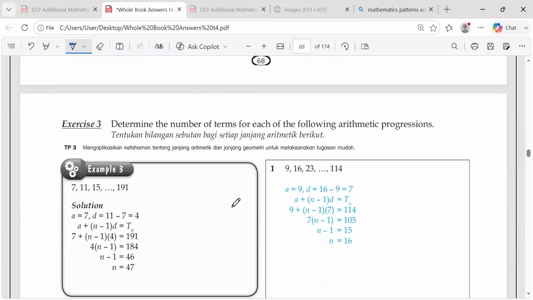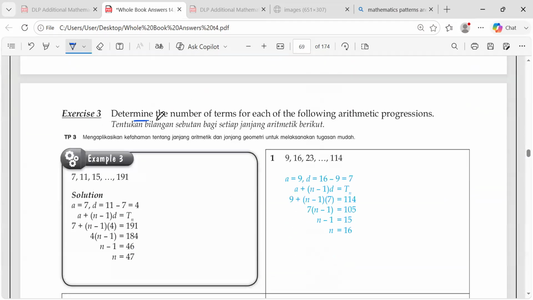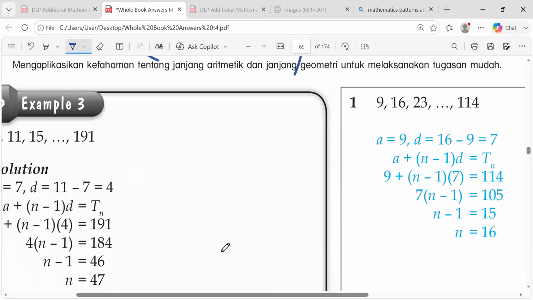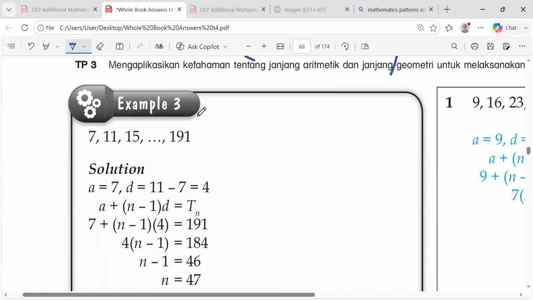Okay, so let's check. Next, determine the number of terms. Now we learn the number of terms. So first, remember the formula.